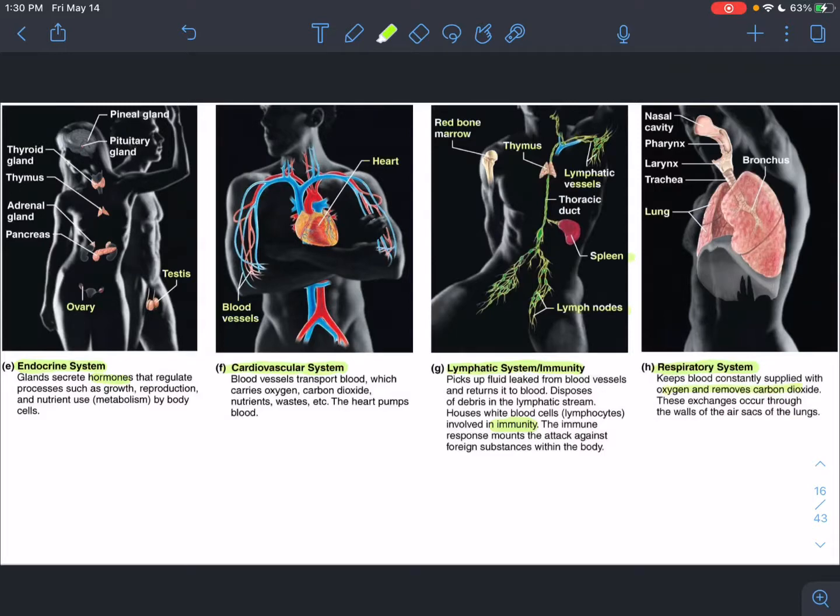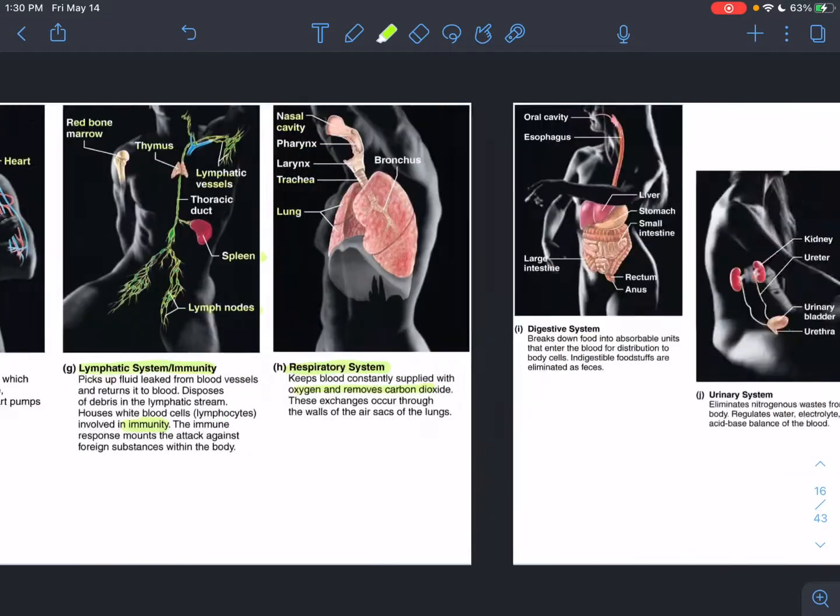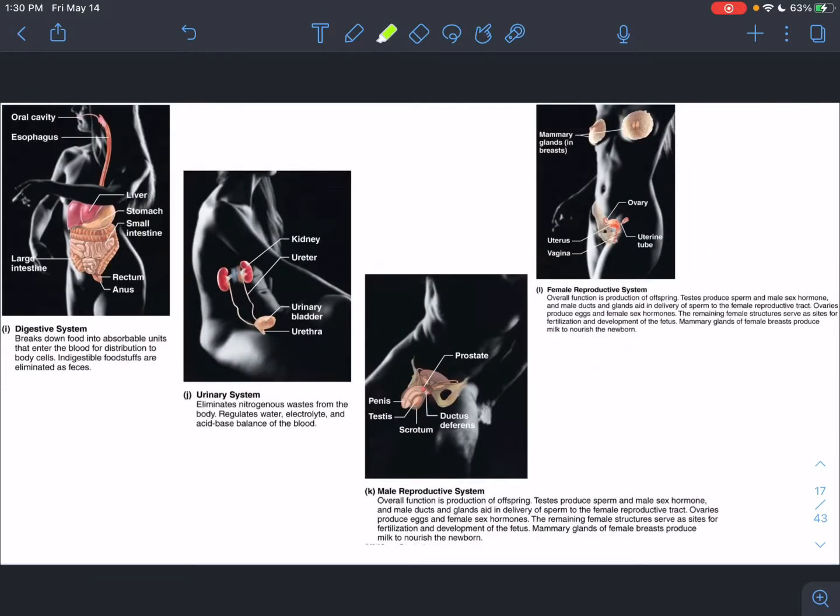So we have our lungs, our trachea, nasal cavity, so on. And then the last few, digestive system, breaks down food for absorption, okay? So we have our esophagus, our liver, stomach, intestines, rectum, and anus.